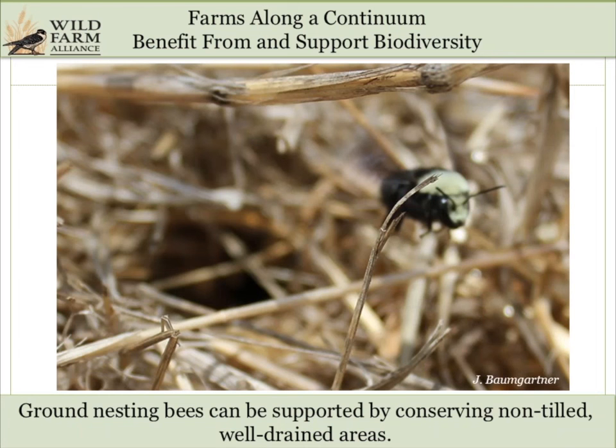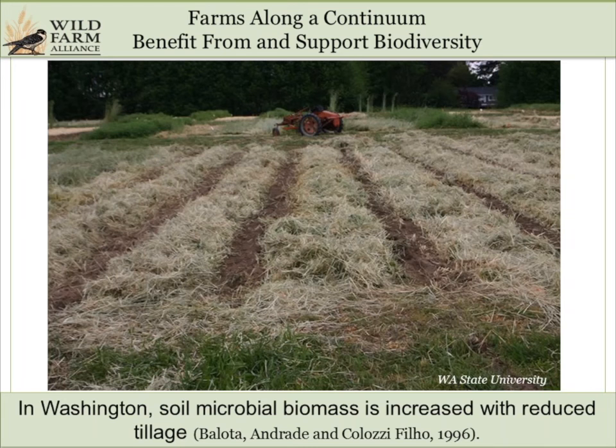But there's other organisms, macroorganisms, like this native bee. It's a ground nesting bee, and it needs areas that are non-tilled and well-drained. Non-tilled areas can also support amphibians and reptiles and other kinds of beneficial organisms.